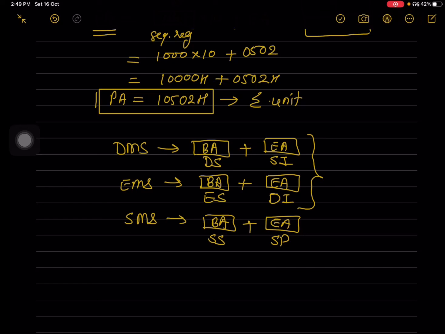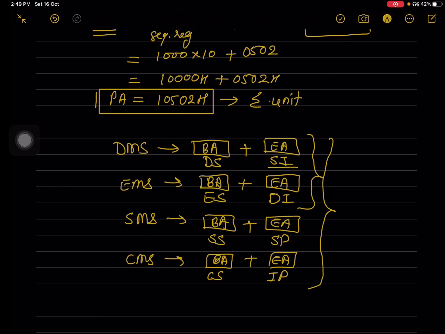For the stack memory segment, the base address is kept in the SS register and the effective address is kept in the stack pointer, that is the SP register. For the code memory segment it is CS for the base address and the instruction pointer for the effective address. Details of all these registers, DS, ES, SS, SP, SI, DI, are already discussed in the architecture video, which can be seen.